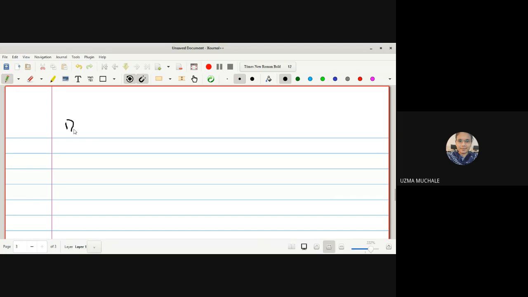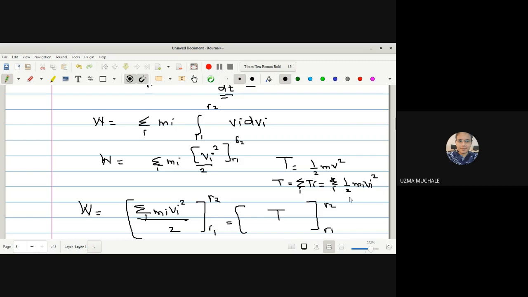The first one is holonomic constraint, next non-holonomic constraint, then scleronomic constraint, and the last one is rheonomic constraint. These are the types of constraints.